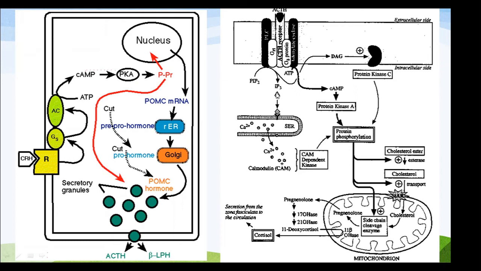Inositol triphosphate activates the intracellular reserve of calcium in the smooth endoplasmic reticulum, which causes the release of calcium into the cell. As a result, the calcium calmodulin dependent kinase is activated, which again causes protein phosphorylation, affecting the same pathway. So there are three different enzymes involved here: the calcium calmodulin dependent kinase, protein kinase A, and protein kinase C.